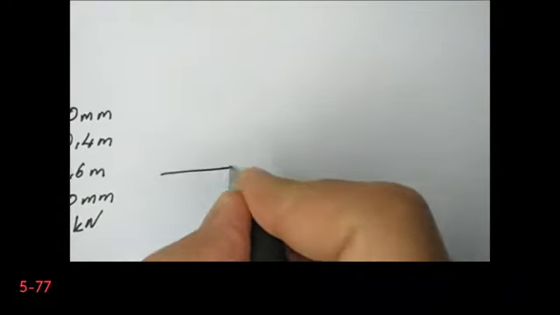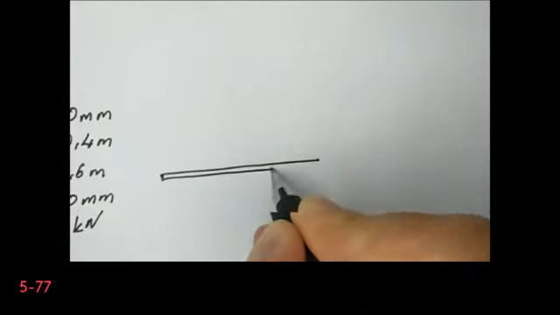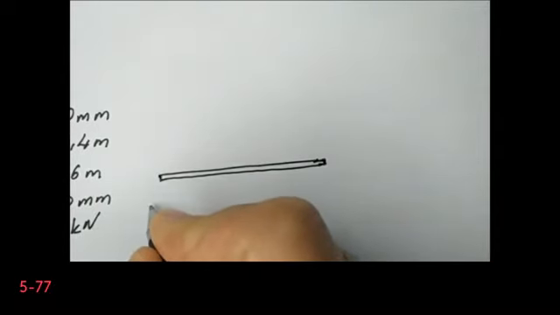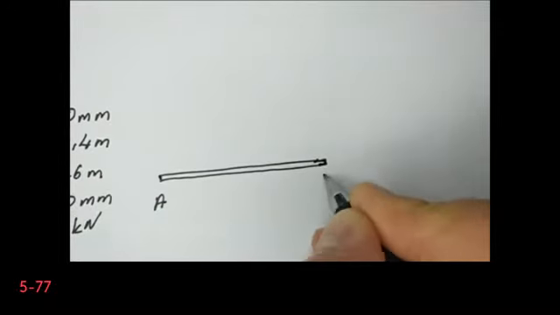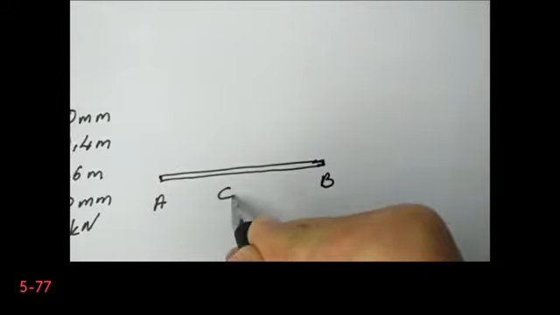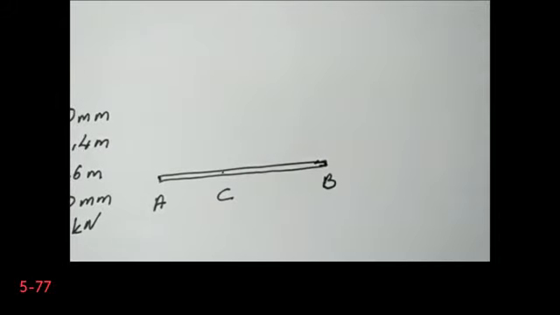This is my shaft. This is my point A. This is my point C. C is somewhere here. Now I don't know the direction of MA and MB. Certainly I can choose any direction for MA and MB.